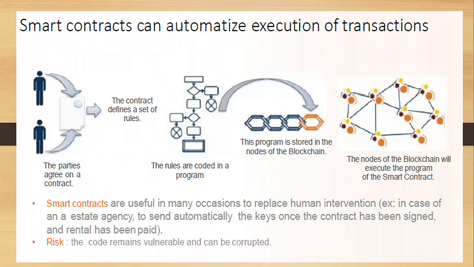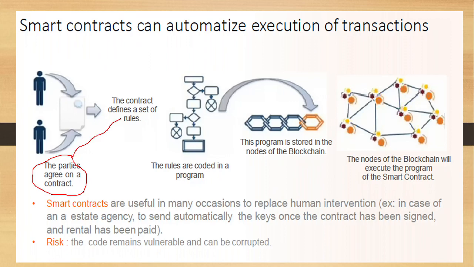So ideally, smart contracts, as you have seen, can automatize execution of transactions. So you don't really need to be there for whatever you agreed on to happen, right? So once some set of criteria have been met, it self-executes. So in this particular diagram, you can see the first part here: you need to have the parties agree on a contract, right?